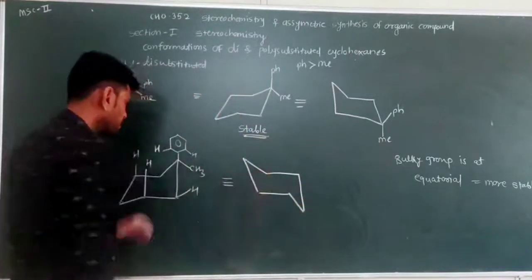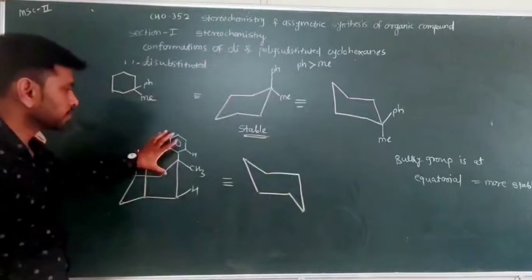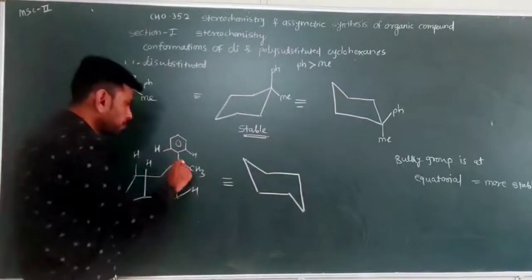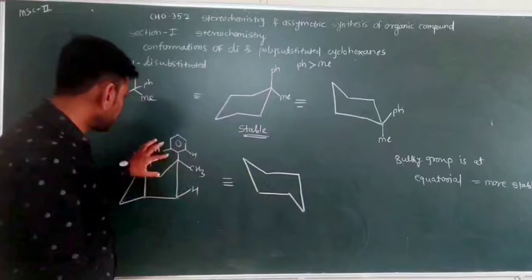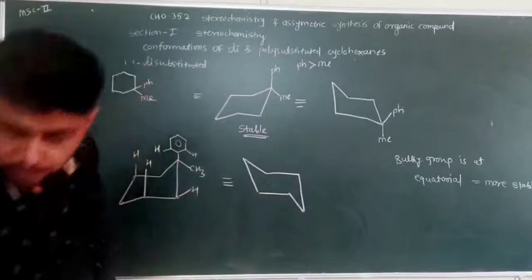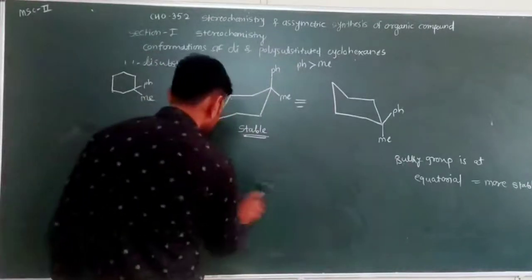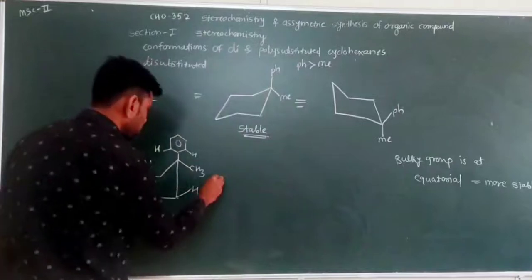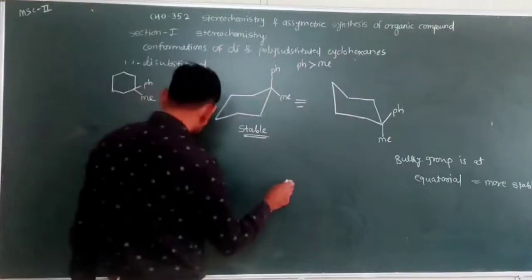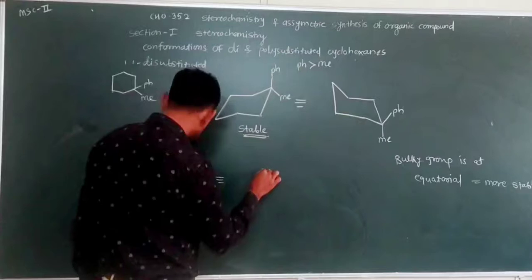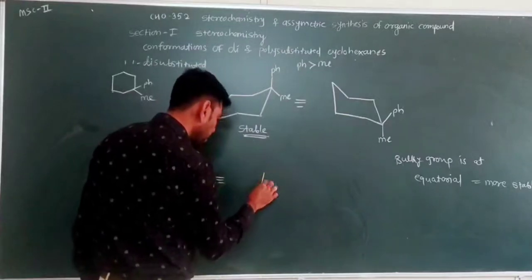Here, in this chair conformation, we flipped the ring, where we just change the equatorial and axial positions.